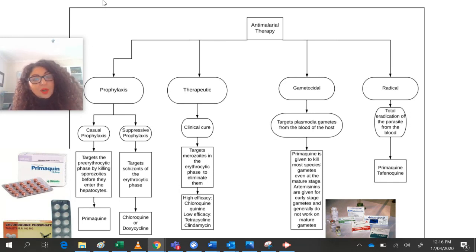Now there's also suppressive prophylaxis, and in suppressive prophylaxis, this one actually targets the schizonts of the erythrocytic phase. So at this point, the life cycle has already started.